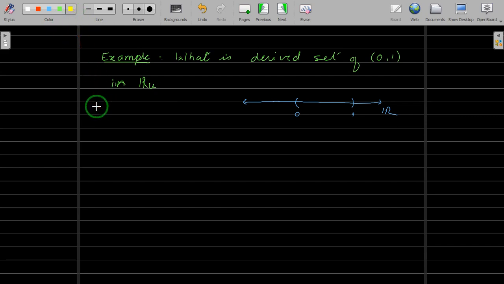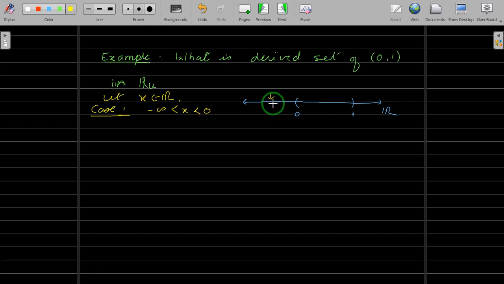Let us take case 1. Let us check what happens if X belongs to R first. Let X belong to R. Okay, now if X is less than 0, then we will see what happens. Now your X is here.